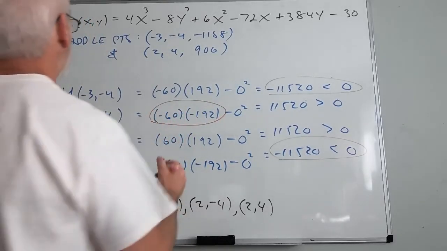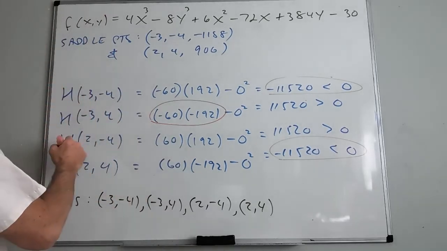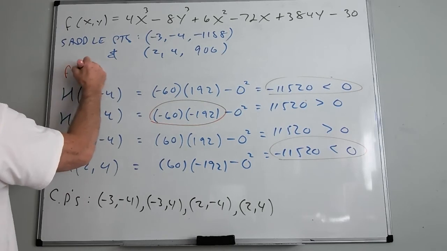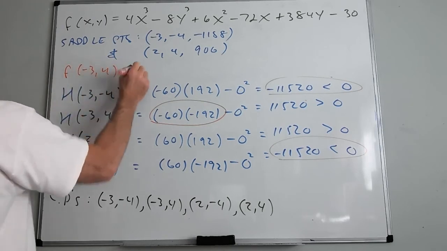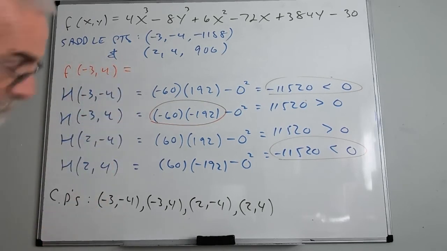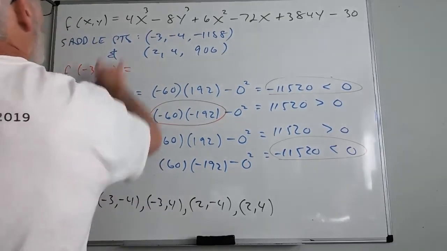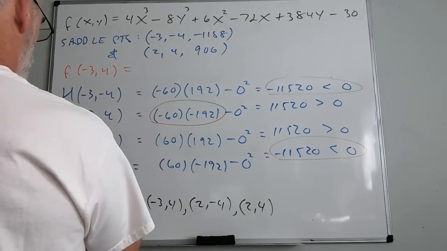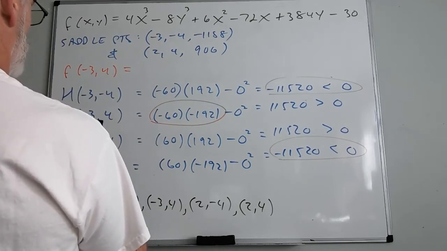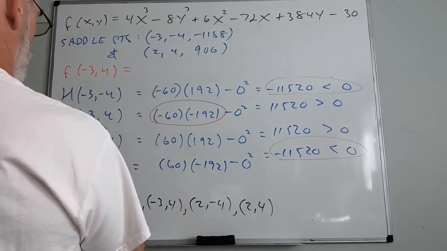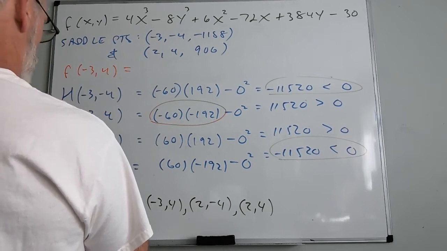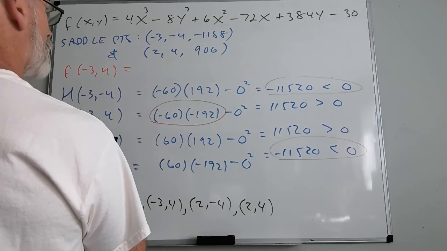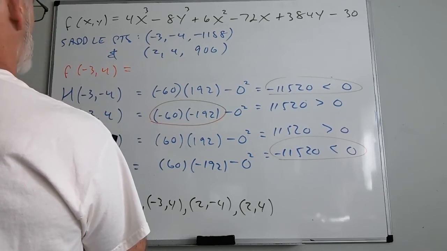All right. So let's write it like this. F of -3, 4, which equals, so we need to put that in there. In the right place here.